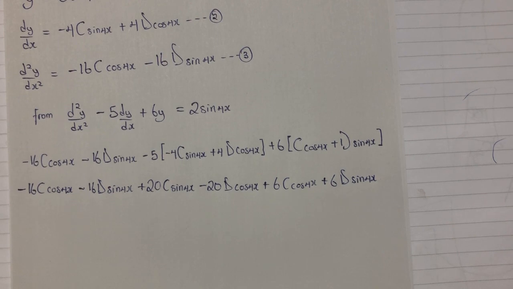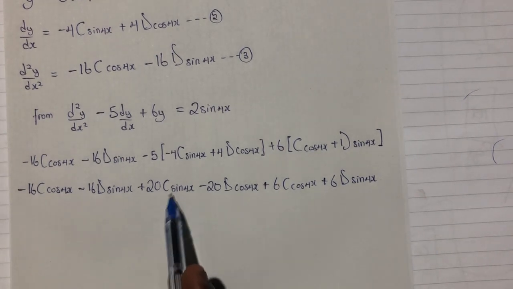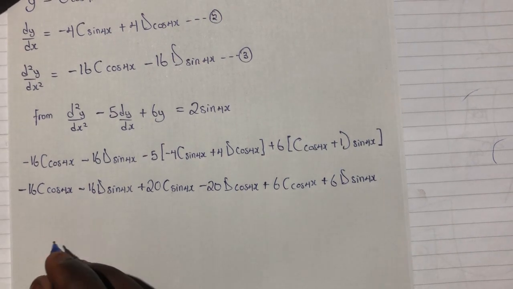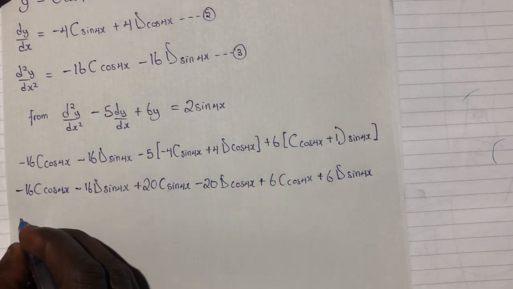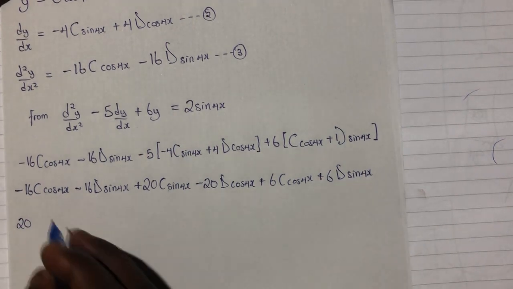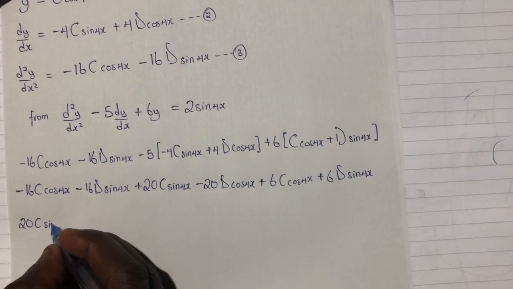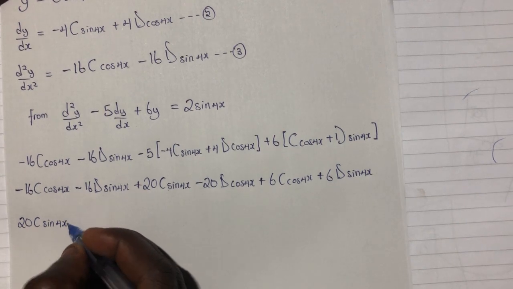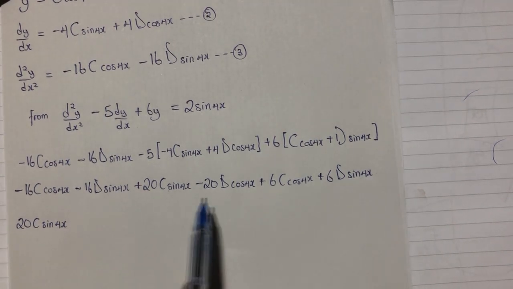We group all sine to one side and then all cos to the other side. So let's start by grouping the sine. So I'll pick 20 here. So we have 20c sine 4x. Which one is the next one we should pick?